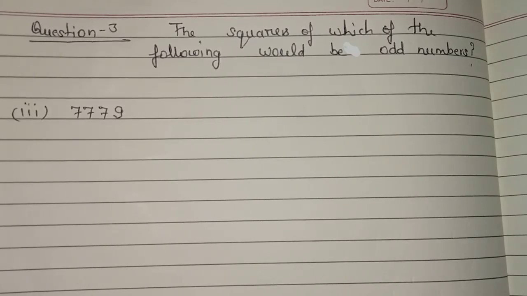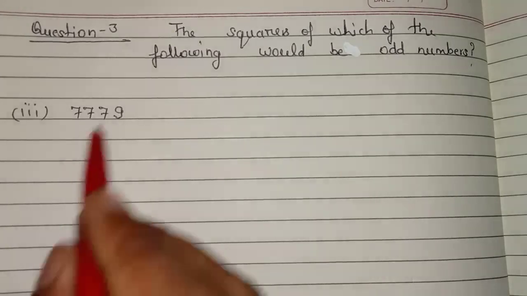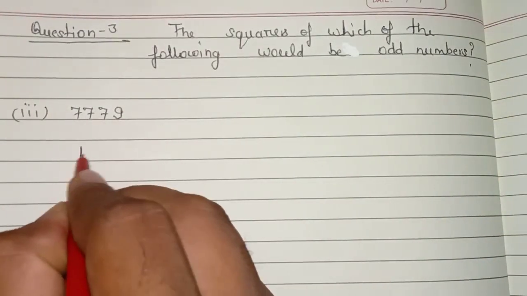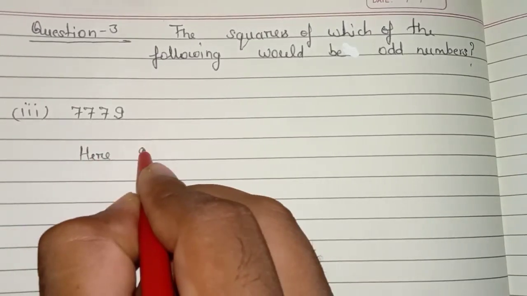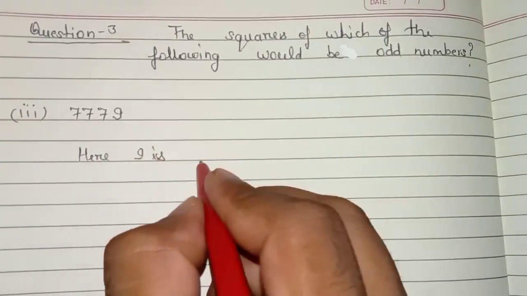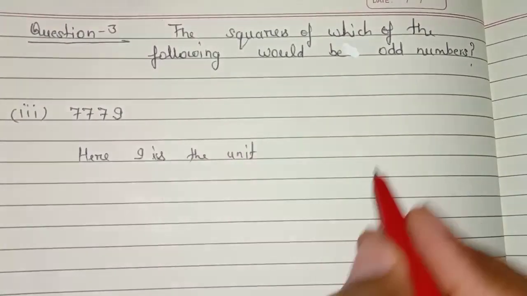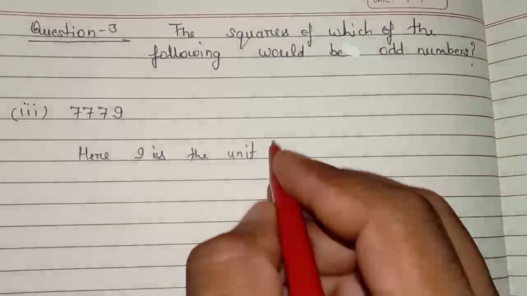In question number 3 we are given the squares of which of the following would be odd number. So we have third part here in our classwork, and the number is 7779. So we have 9 as a unit digit, which is placed on one's place.